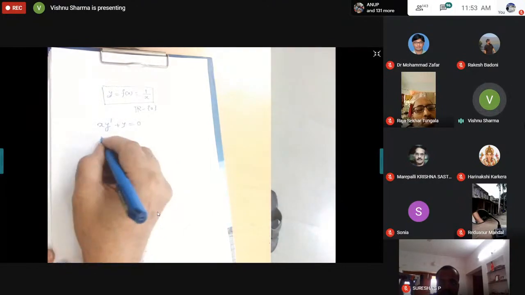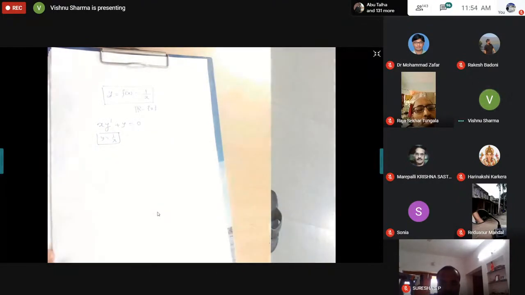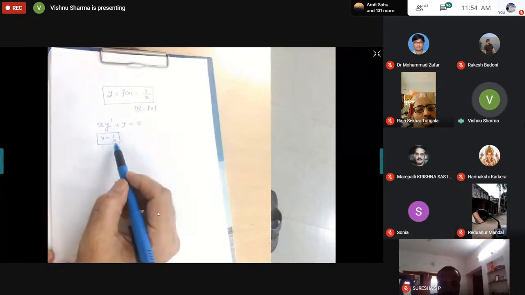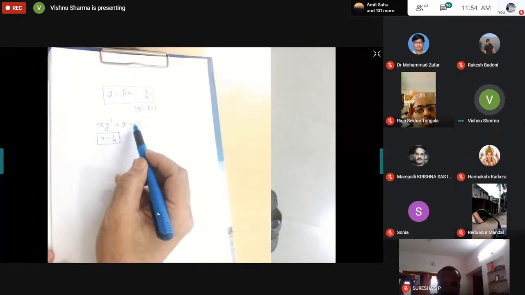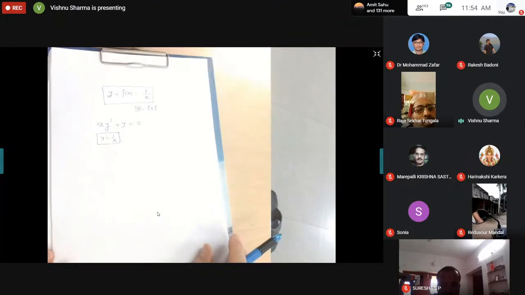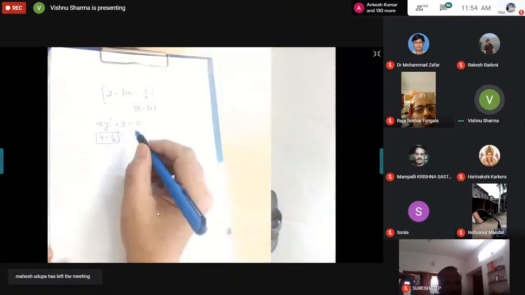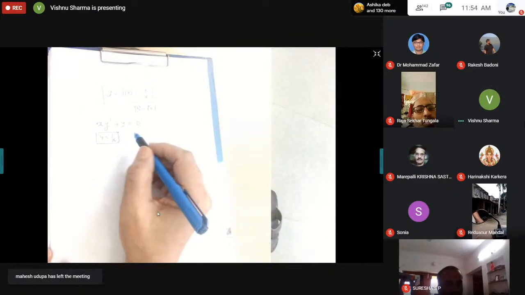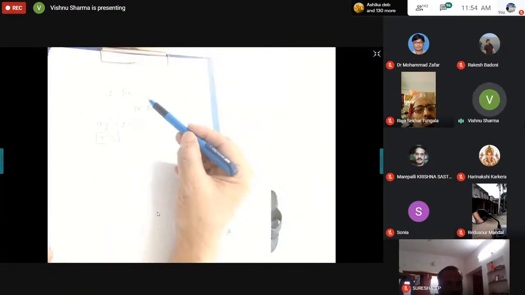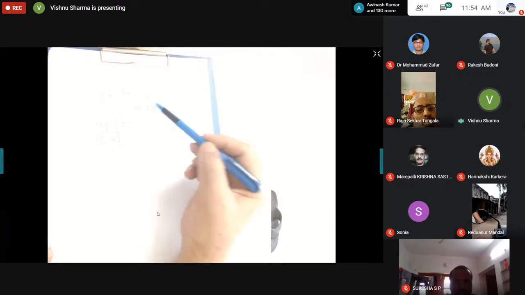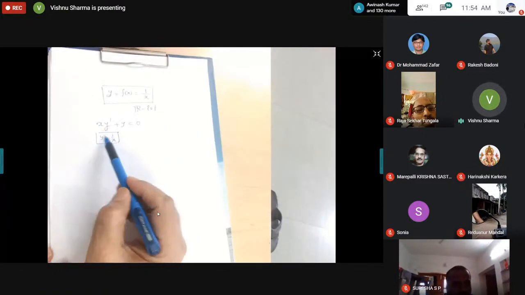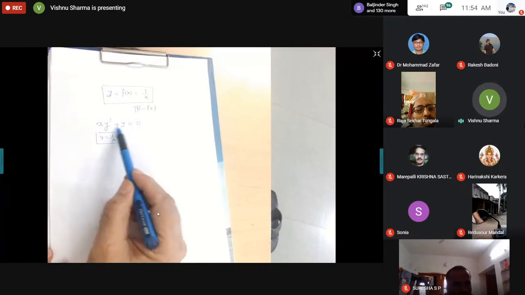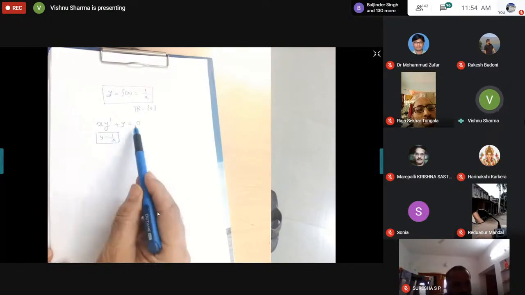Y is equal to 1 by x. Now, as a solution of this differential equation, I see 1 by x as a solution. So would somebody be able to tell me what is the domain of the solution? If 1 by x is regarded as a function, its domain is this. But one can quickly see that it satisfies the differential equation identically, so this is also a solution of it.